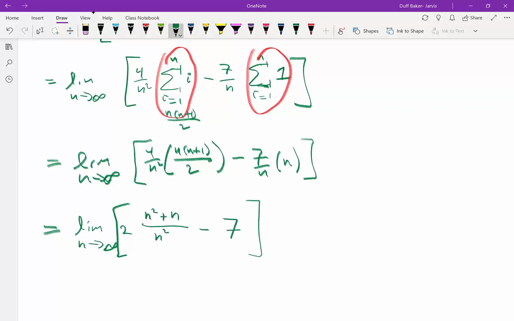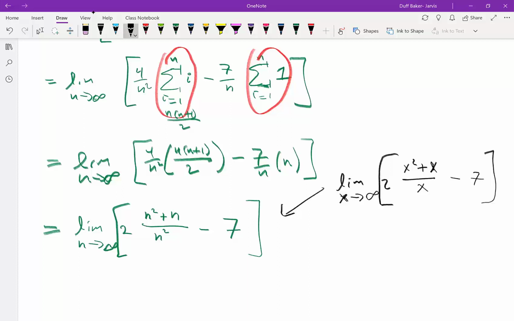So you actually know how to do this limit already, right? Now it might look more familiar if I write it like this. If I just replaced all the n's with x's, it might look a lot more familiar. So what do you guys think the answer to that limit is? Because that's the kind we've done before, right? Let's get some people in chat.